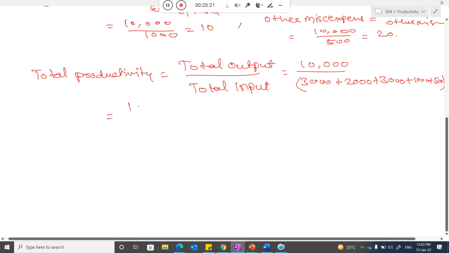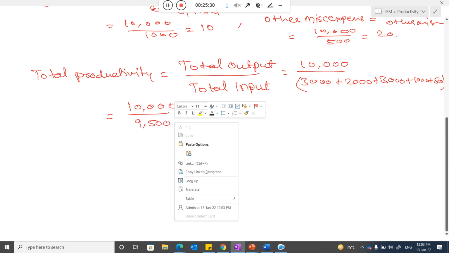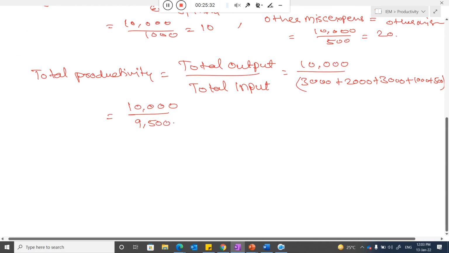The total productivity is nothing but the ratio of total output and total input. So what will you get? Can you quickly calculate, class?